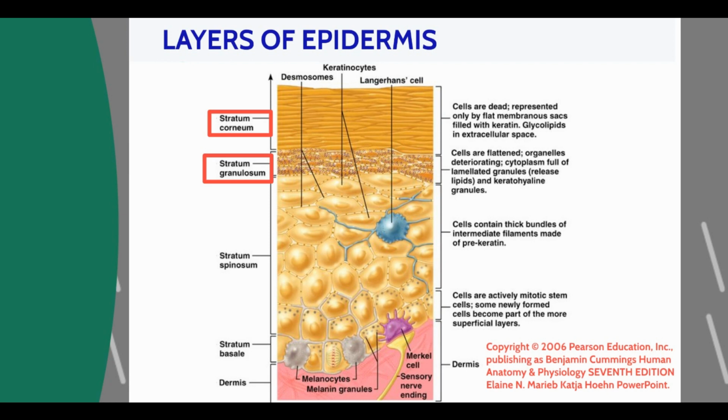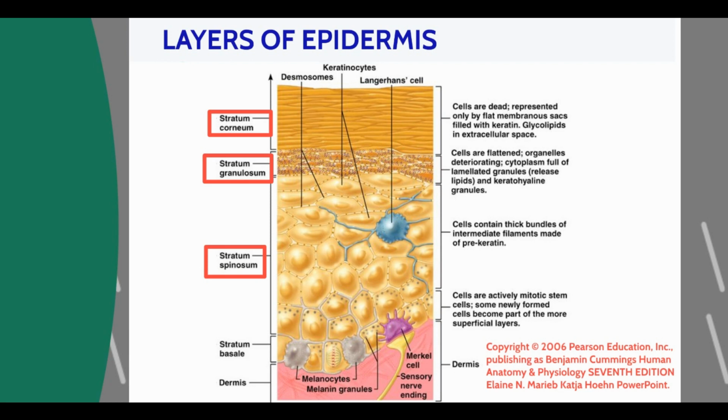These are cells that have organelles inside of them, but they are deteriorating. So these are cells that are dying. With that said, we have a lot of granules being released inside of these, specifically lipids. Also, we have particulates of keratinized substances that will assist in the pigmentation of skin and also the absorption of certain things.